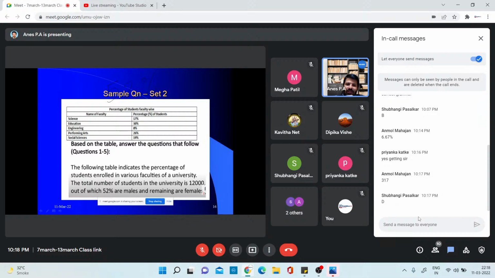If you take science, out of 12,000, 17% is the total population there. In all the faculties, there is 52% of males. So what is the percentage of females in this university?